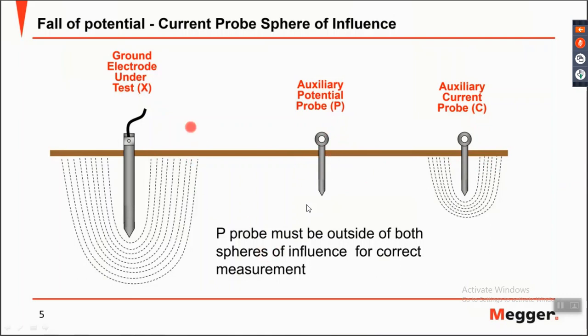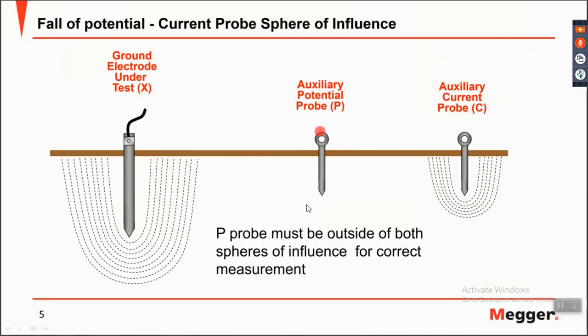So actually, on both electrodes, the electrode under test and also the auxiliary current probe, there is an electrical field, because we inject voltage and current will flow to both electrodes. So each electrode will produce an electrical field.